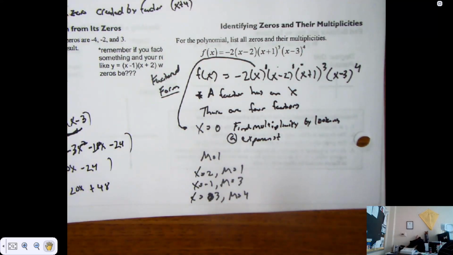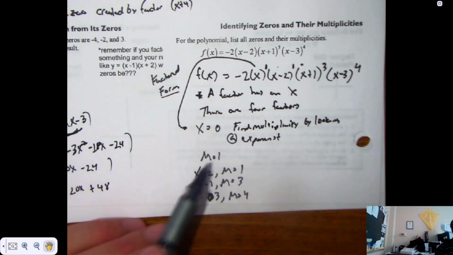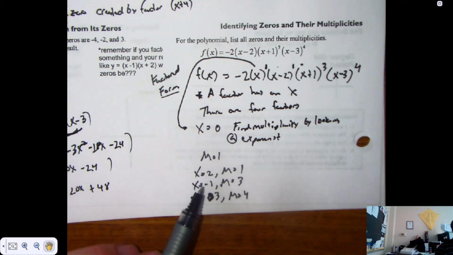Now, if we were to look at the graph of this thing, where would you expect it to cross the x-axis? What zeros would it cross the x-axis on? 1, 2, negative 1.